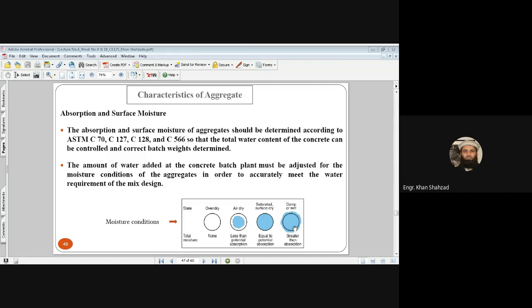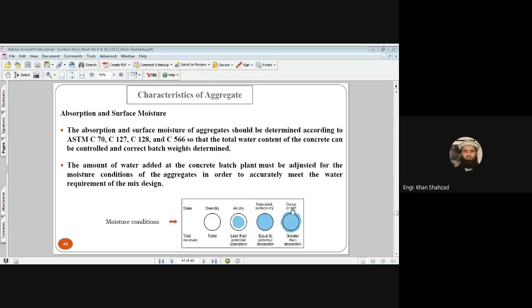Okay beta, so the water which will be required in the water cement ratio to lubricate these surfaces, अगर इसके surface पे पहले से पानी मौजूद है, so that will get evaporated and you will get the quantity of that water.